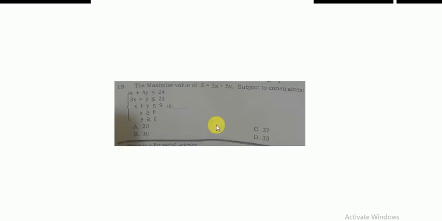Among all the problems we saw so far, relatively this one is time taking. We are asked to find the maximum value of this linear programming problem. The function z is equal to 3x plus 5y. Z is the dependent variable; it depends on x and y. So this is a function of two variables, x and y.